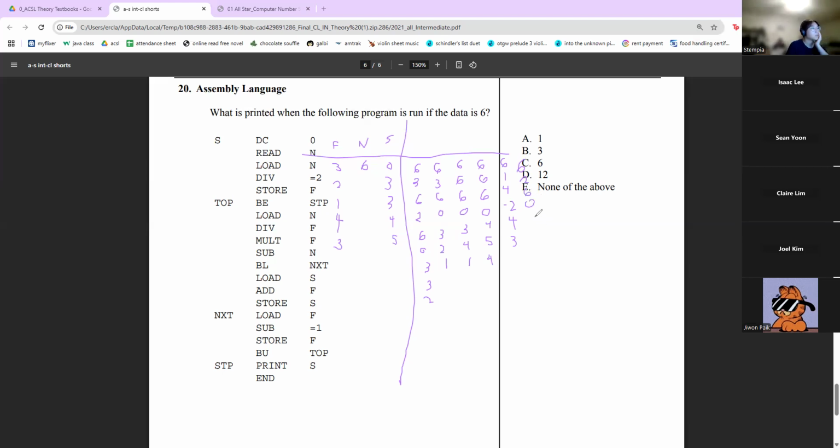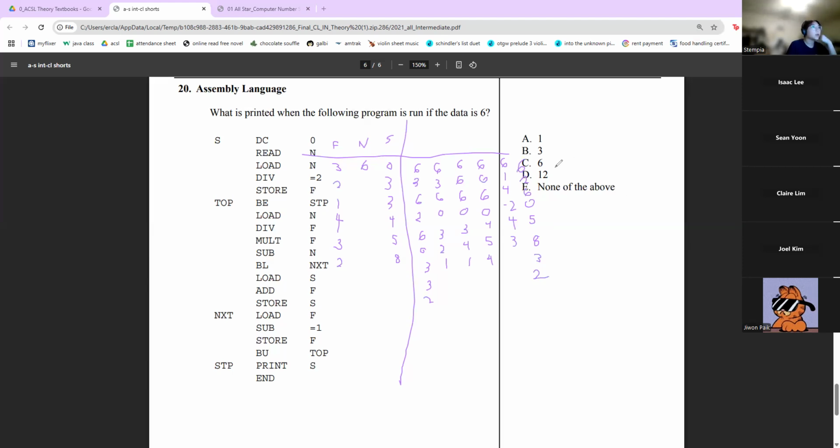It's not less than 0, so we're going to load S, add F, with 8, I forgot where I was, and then store this in F, right? Add F to us, yeah. And we're gonna load F, subtract 1, and store this in F.